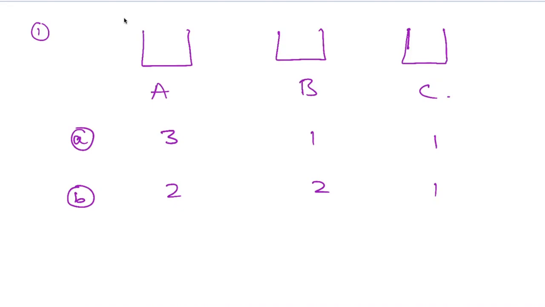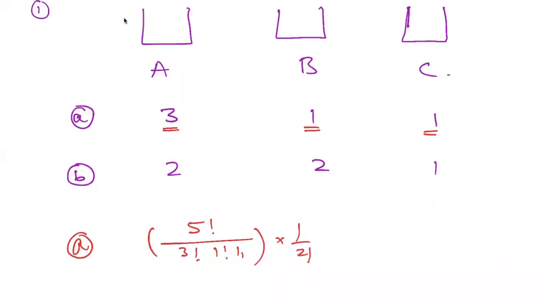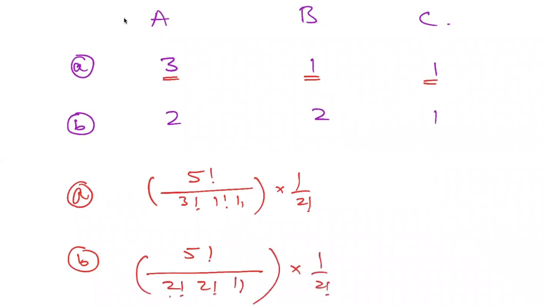For the first one, we have to make a group of 3, 1, 1. So the 3, 1, 1 group is factorial 5 by factorial 3, factorial 1, factorial 1, and two groups are same, so we have to divide this by factorial 2. And again, for the second one, the groups are factorial 5 by factorial 2, factorial 2, factorial 1, into 1 by factorial 2, because two groups 2 and 2 are same, right?